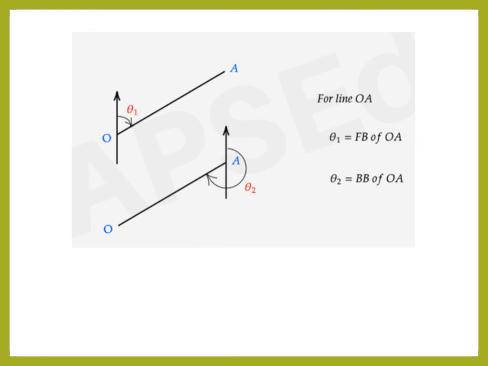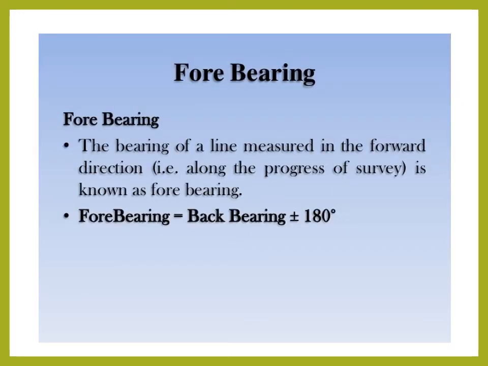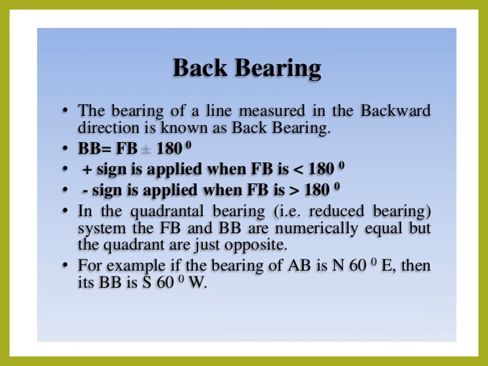The bearing of line measured in forward direction is called fore bearing, and our fore bearing will be equal to back bearing plus or minus 180 degree. Then back bearing is the bearing of line measured in backward direction, and back bearing will be equal to fore bearing plus or minus 180 degree.